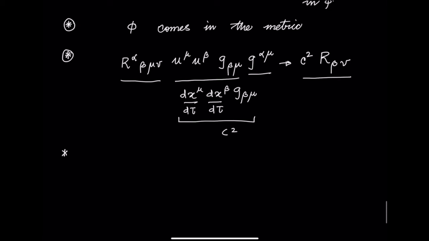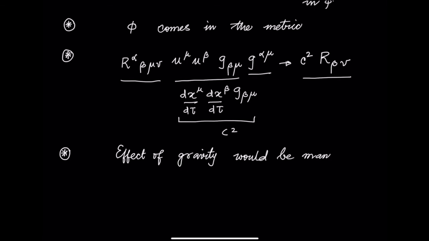So we can say that the effect of gravity would be manifested in a second rank tensor.